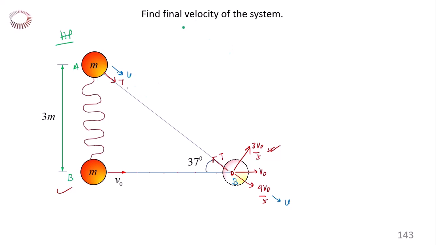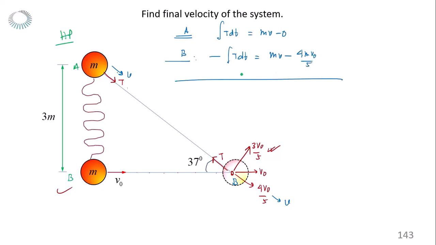For ball A, taking downward as positive, integration of T dt equals final momentum, M V minus 0. For ball B, the impulse is minus integration of T dt, equal to final momentum M V minus initial momentum, which is 4 m v0 by 5.